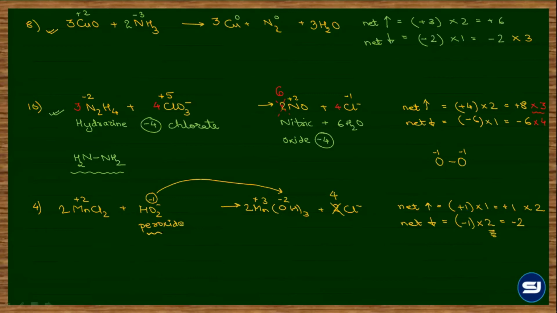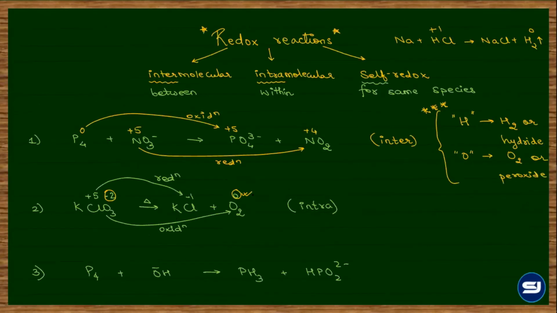The moment you see peroxide or oxygen getting released in the reaction, think about the change in hydrogen. Otherwise, it won't change. It will never change. Similarly, oxygen या hydrogen के लिए ये आपका hint है. So इस case में there is only one species which is undergoing a change and that is phosphorus only.